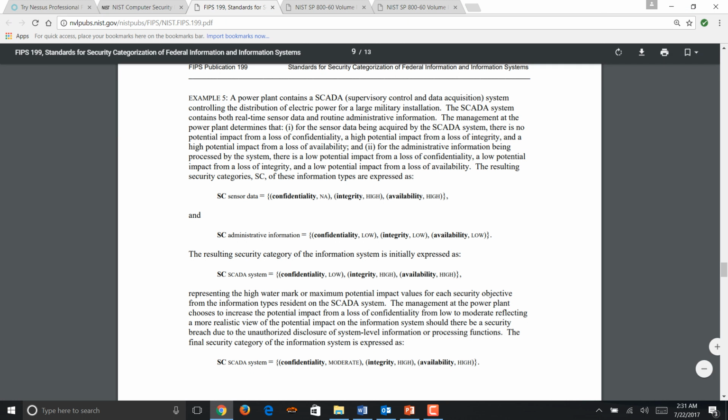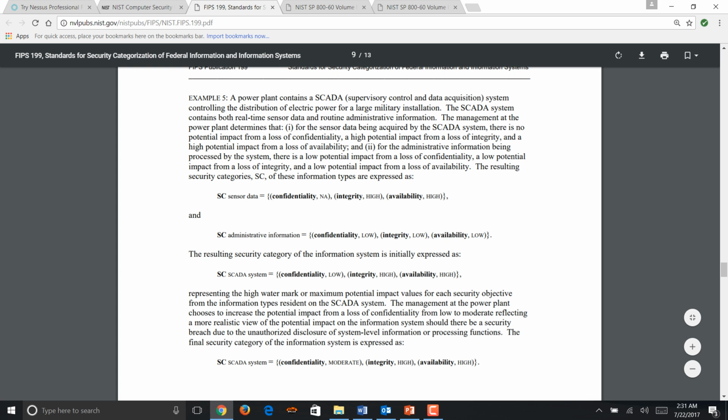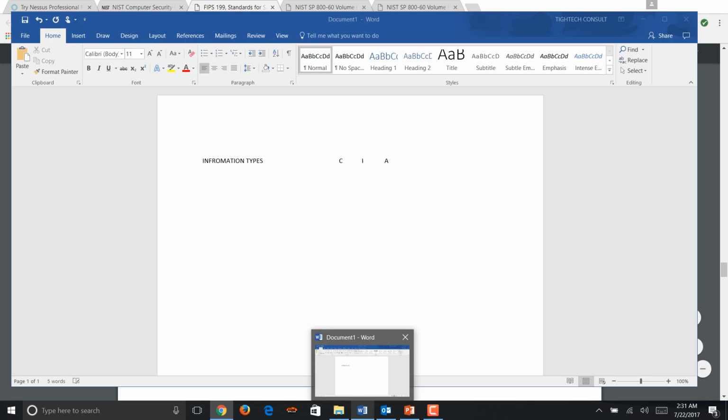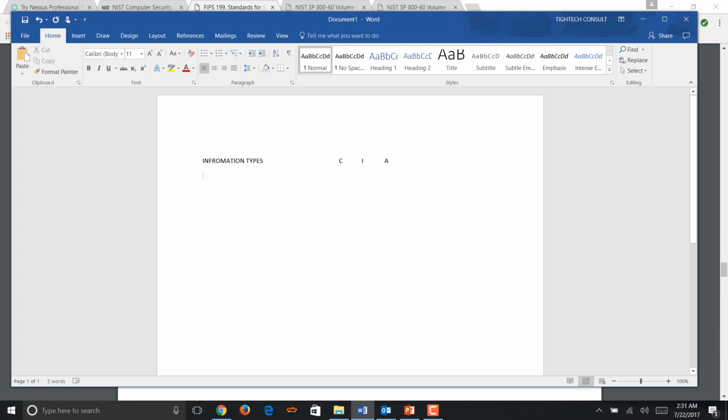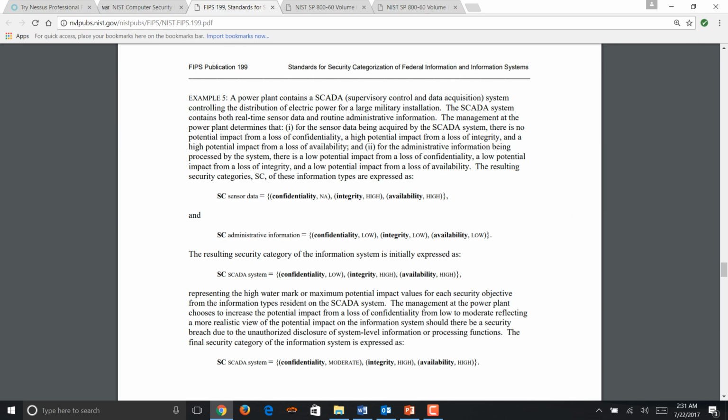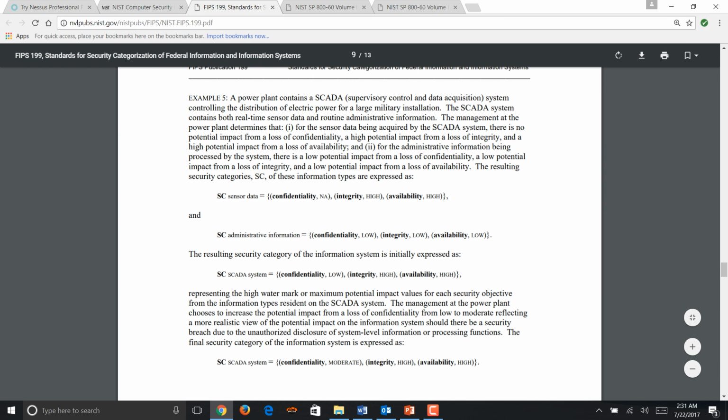We have the real-time, that is the sensor data. Sensor data is one of the information types. So under this we have sensor data information type. And according to what we have here, the management at the plant decided there is no potential impact from loss of confidentiality.